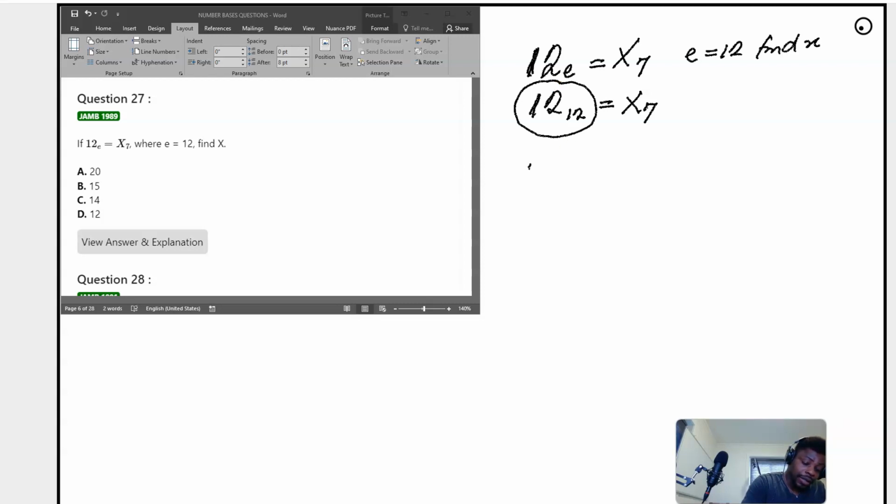So that is 12 times 1, that is 12, plus 2. So that is 14 in base 10. Let's convert this one to base 10. So this is X times 7 raised by 0. So 14 is equal to X, because 7 raised by 0 is 1. So X is equal to 14. So option C.